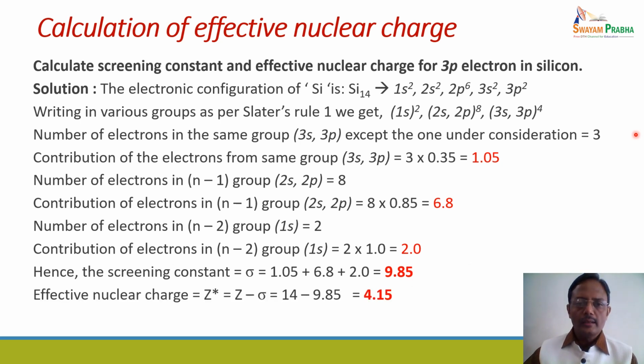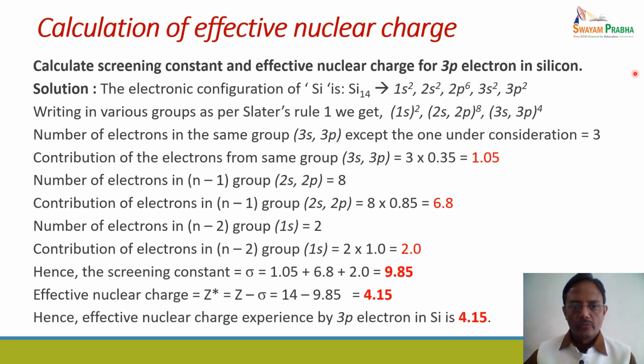Now subtracting 9.85 from the total nuclear charge, which is the atomic number, gives 4.15. This 4.15 is the effective nuclear charge experienced by the 3p electron in silicon.